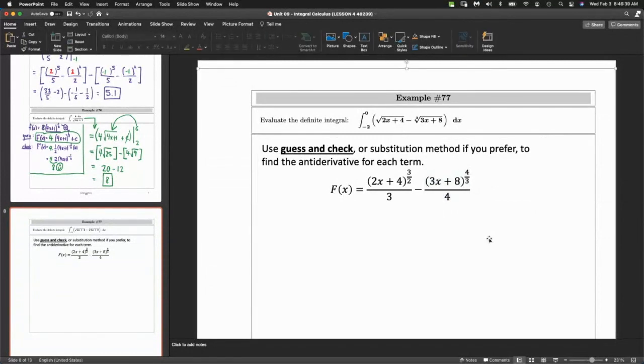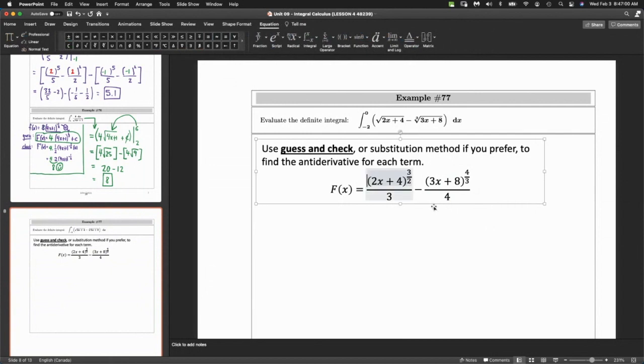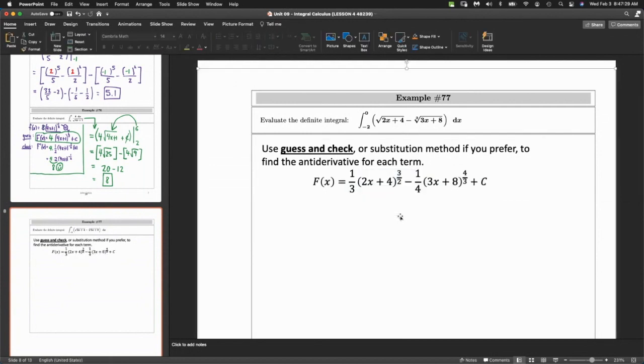Can someone confirm in the chat that they agree with these? You have time to still do this if you're still working on it, if you're trying it out first. You could write it like this if you want. Okay, I'm just double checking it again. I'm almost certain that this is correct. This is the antiderivative.